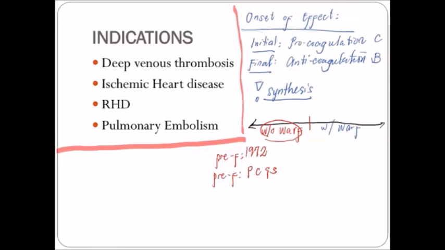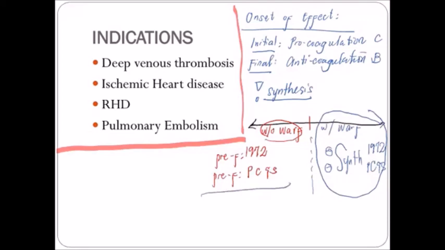Okay? And then, by the time na uminom na siya ng warfarin, doon pa lang mabablock ang synthesis ng 1972 at ng protein C and S. So, yung portion na to lang ang sakop ng warfarin, pero yung part na ito, hindi niya sakop kasi na-preform na siya. Bago uminom ang patient ng warfarin, na-produce na siya.